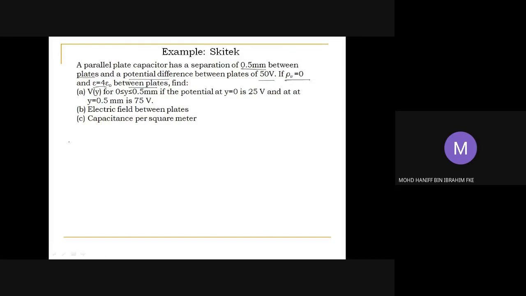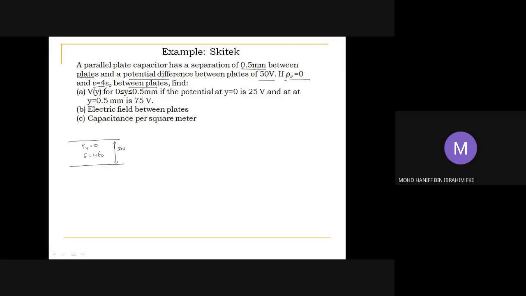If we sketch the diagram, that is the plate given in your question. Between the plates, the dielectric has rho v equal to 0 and permittivity epsilon of 4 epsilon naught. The potential difference between the plates is 50 volt, and the separation of the plates is 0.5 millimeter.